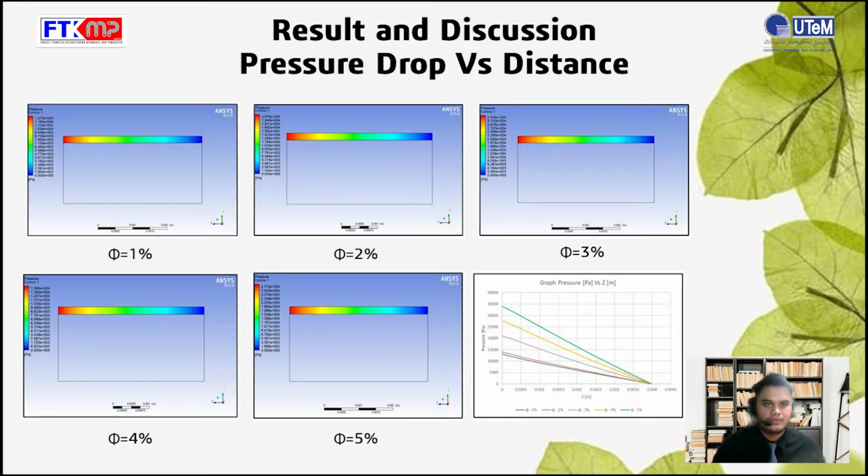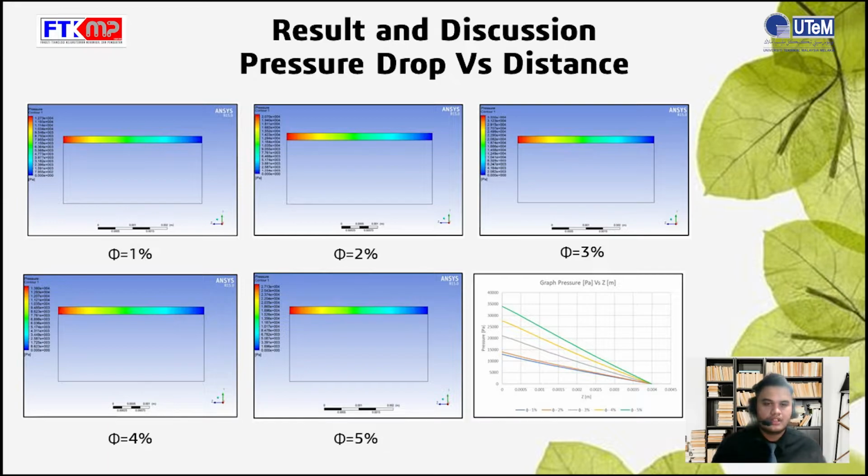Firstly, pressure drop versus distance. The pressure distribution inside the microchannel when various nanofluids are used, and the cross-sectional area of the microchannel heatsink remains constant. The pressure falls over the microchannel length of the heatsink for all concentrations of nanofluid, from 1% until 5% concentration.